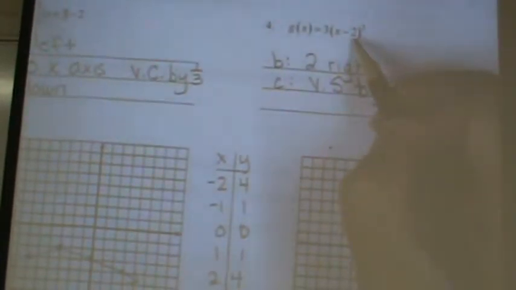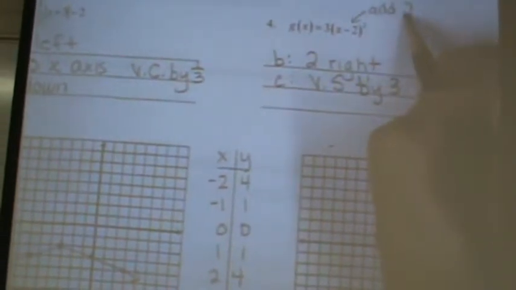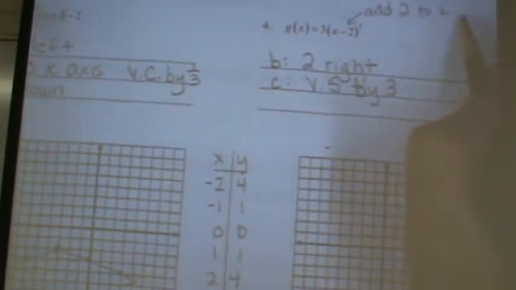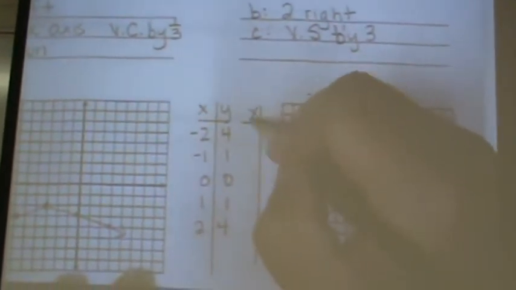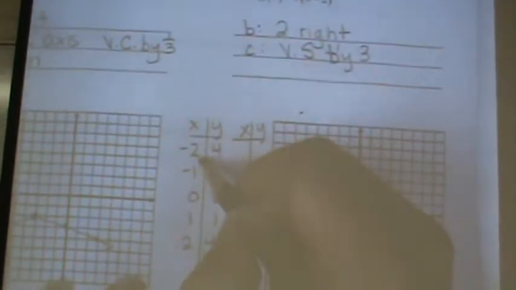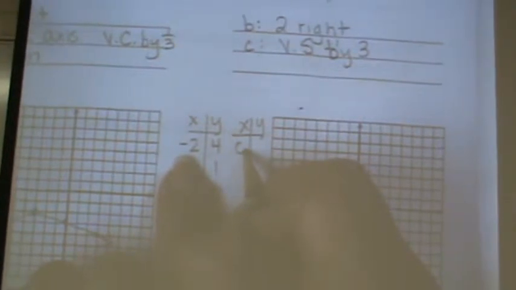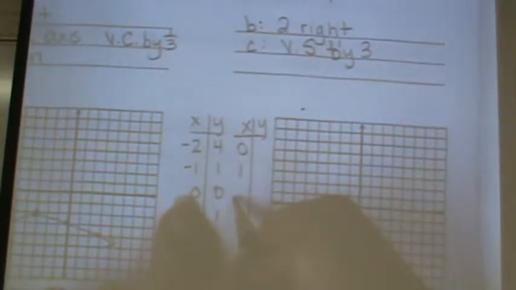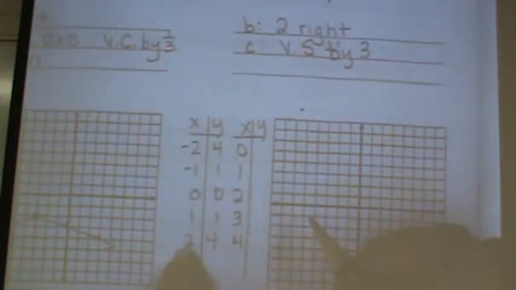What this number does inside, you are going to add 2 to your x values. So let's make a new t-chart to show you how to do this one if you're not sure. You're going to add 2 to all these x values. Can you add 2 to negative 2? What do you get? 0. Add 2. Add 2. Add 2. You get 4.